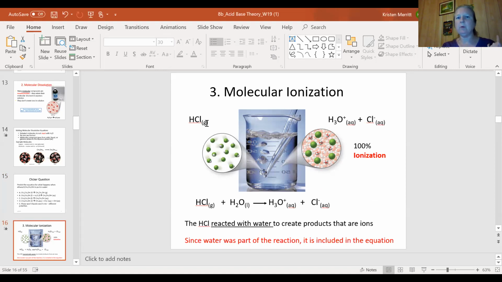But this is not aqueous, this is a gas. This is hydrogen chloride. It's only when it gets dissolved in water that its acid properties come into play. So if you see this with a G or an L or an S, which HCl you won't, you give it the normal naming.